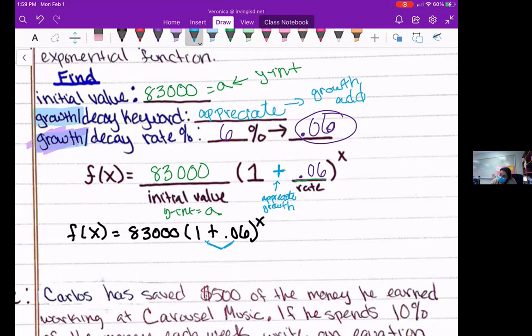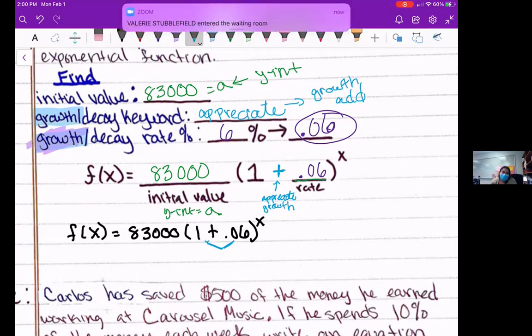What is 1 plus 0.06? Y'all have calculators. What's 1 plus 0.06? There you go. So all you had to do was type it in your calculator, right?